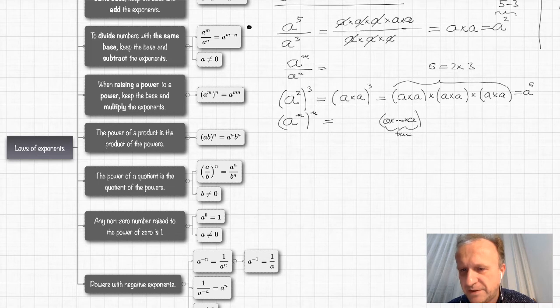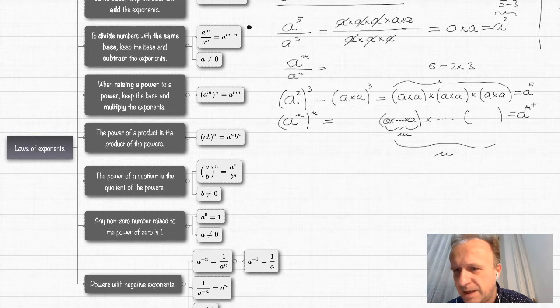It would be m factors of a, and all that would be multiplied by itself, and it would be multiplied n times, and therefore altogether you would have m times n factors of a. So it must be then a to the power of m times n. Okay, so this law works very nicely.